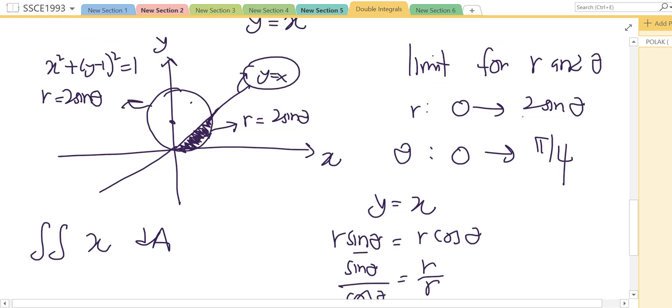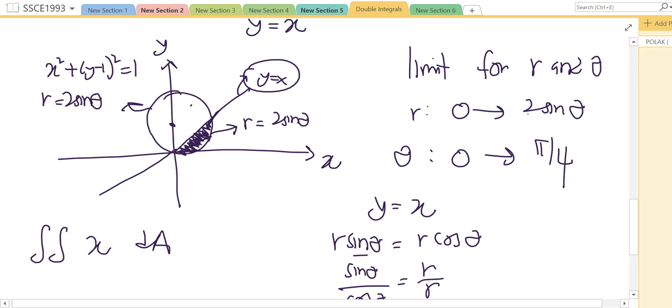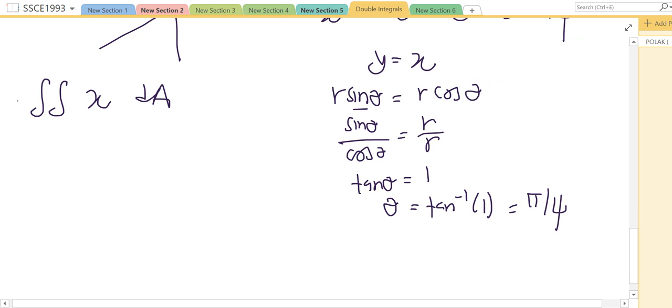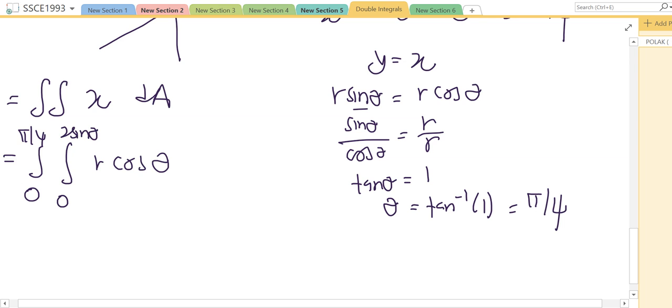Now we have figured out both limits for r and theta, so we substitute into the original question. The limit for theta is 0 up to pi over 4, and the limit for r is 0 up to 2 sine theta. And x is equal to r cos theta, so dA is r dr d theta.